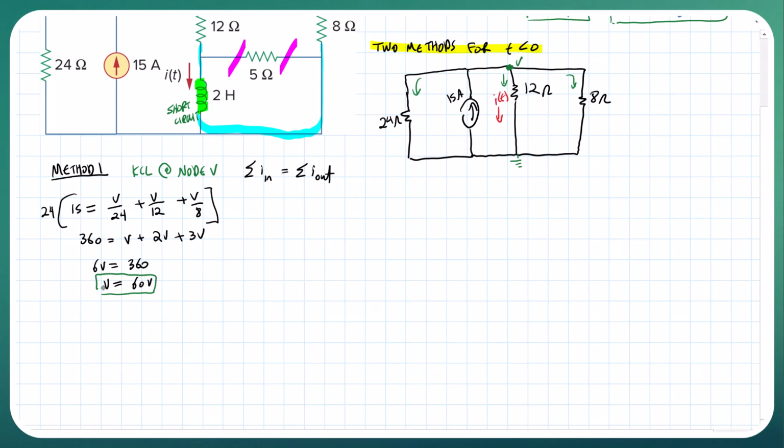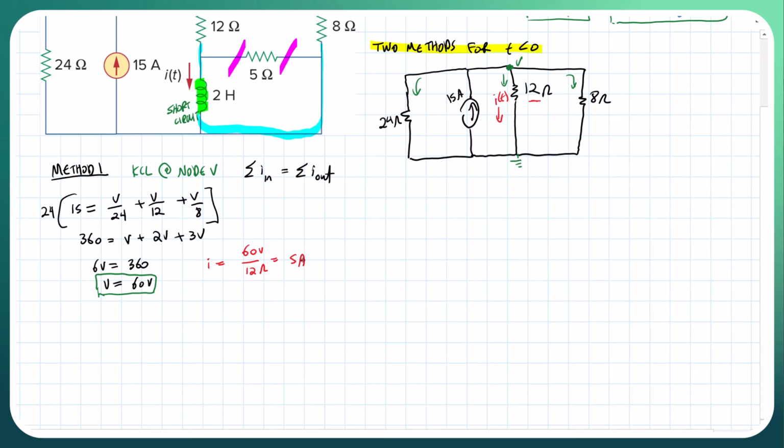So we got our voltage is 60 volts at that node there, and then we want to solve for the current I here. So this I is going to equal 60 volts over the 12 ohms, and that's going to give us 5 amps for t less than 0.